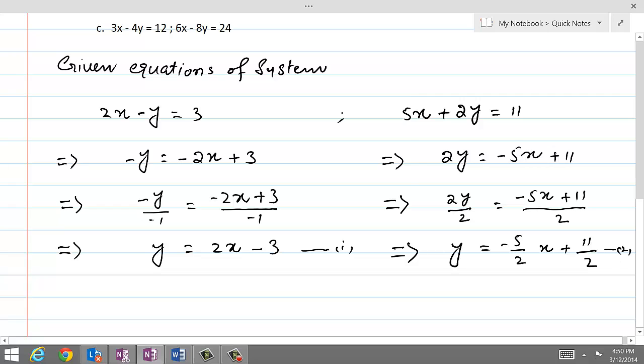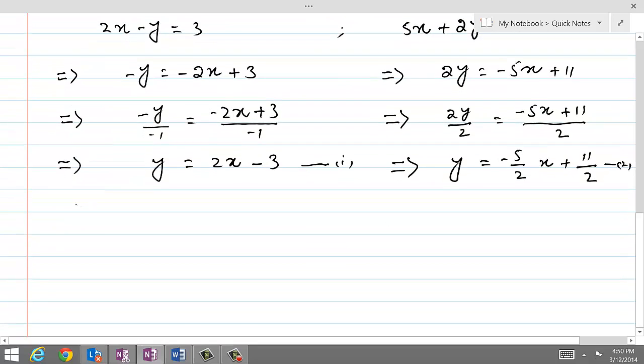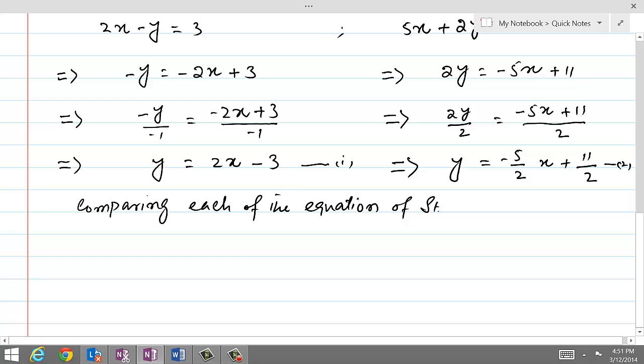And comparing both of these equations with equation of straight line in slope intercept form, comparing each of the equation of straight line with y is equal to mx plus c.